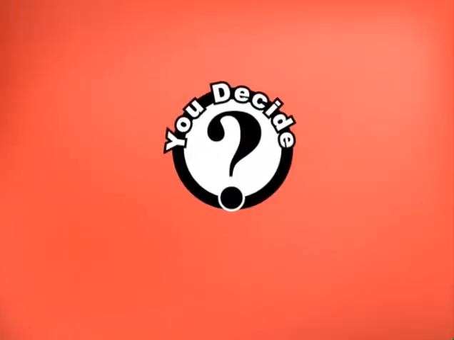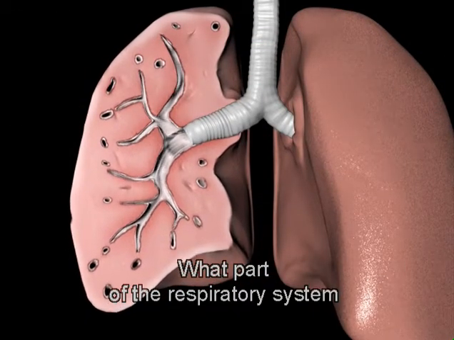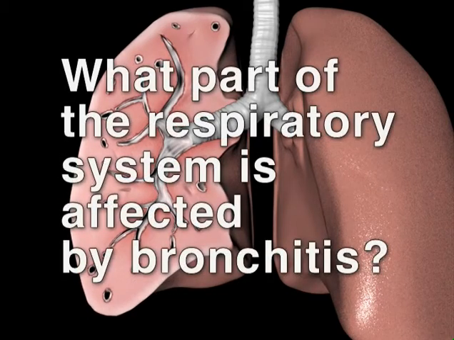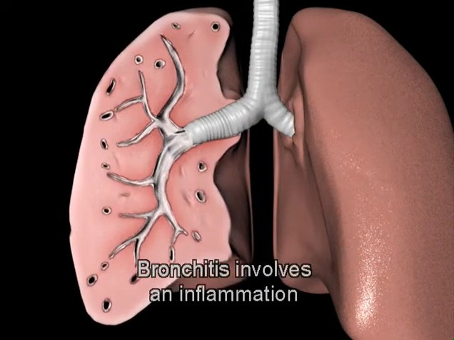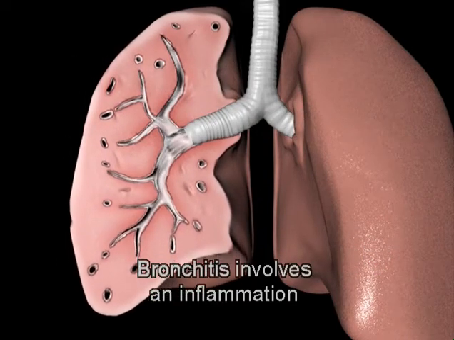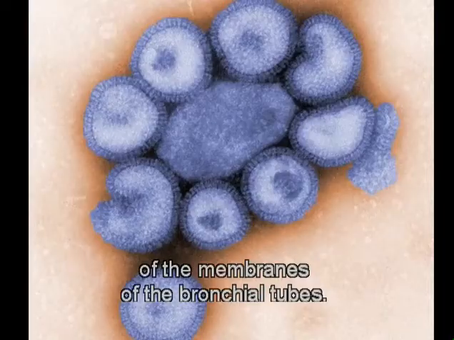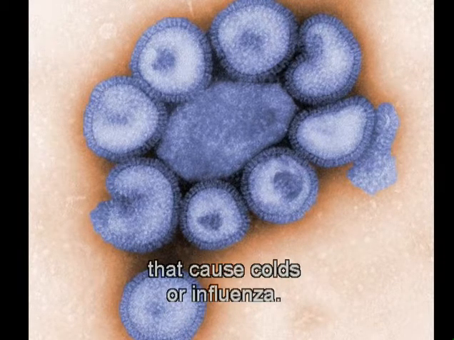You decide what part of the respiratory system is affected by bronchitis. Bronchitis involves an inflammation of the membranes of the bronchial tubes. Bronchitis may develop from bacteria or viruses that cause colds or influenza.